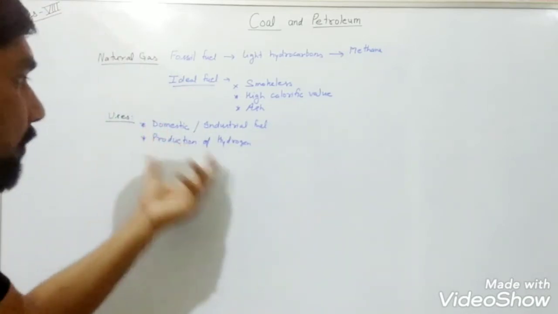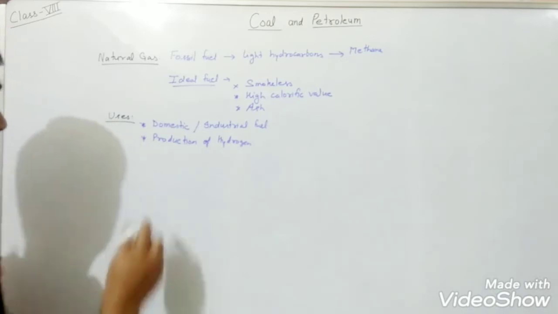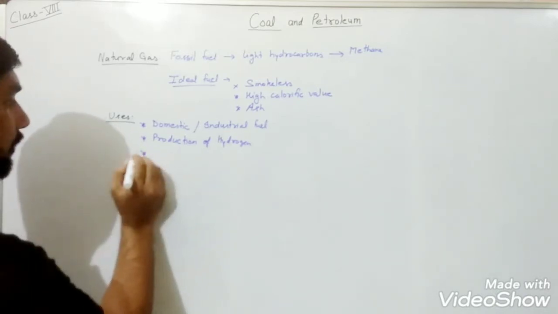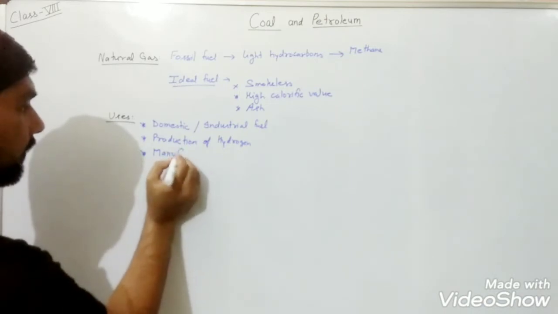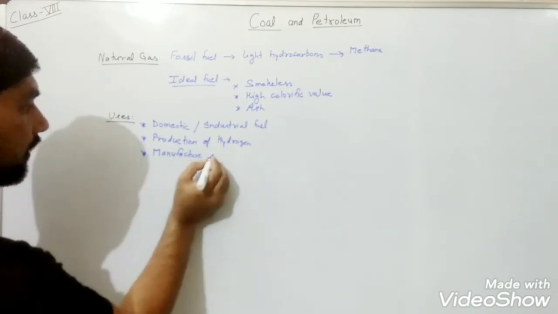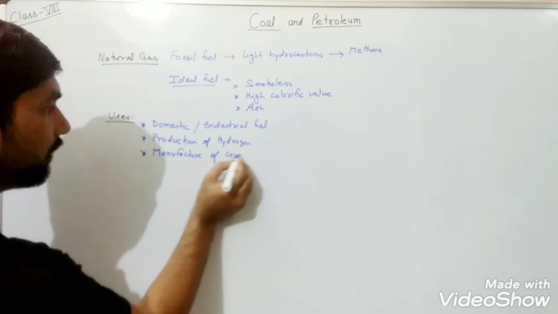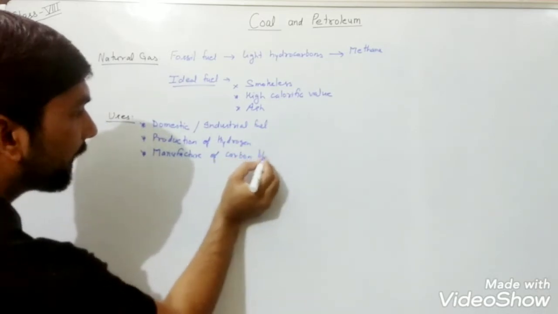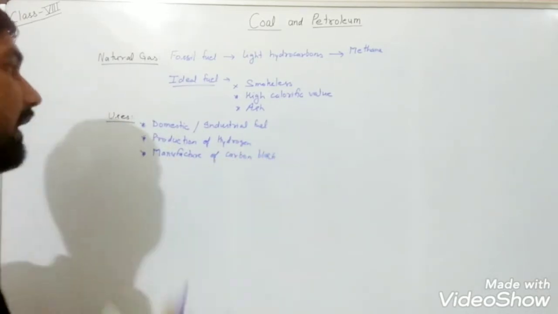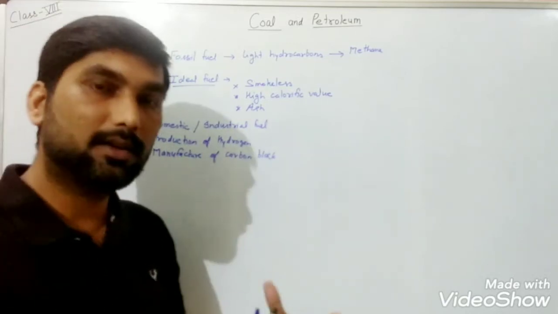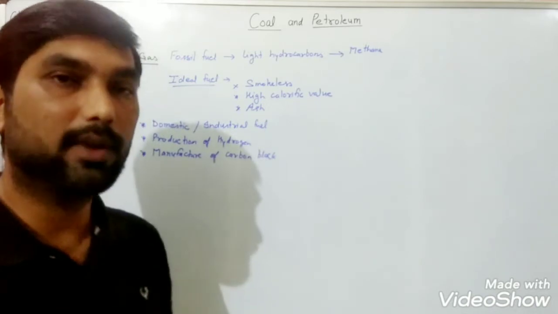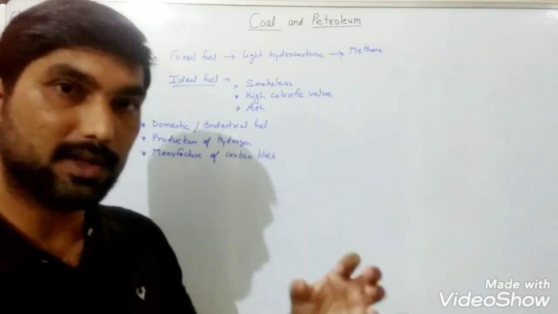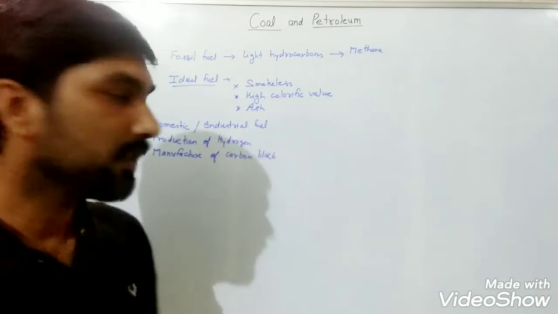So it is also used in the production of hydrogen. This natural gas is also used in the manufacture of a substance that is known as what? Carbon black. Actually, it is used in making the rubber very strong, powerful, and perhaps you have seen the tires and tubes which are used in the automobiles.